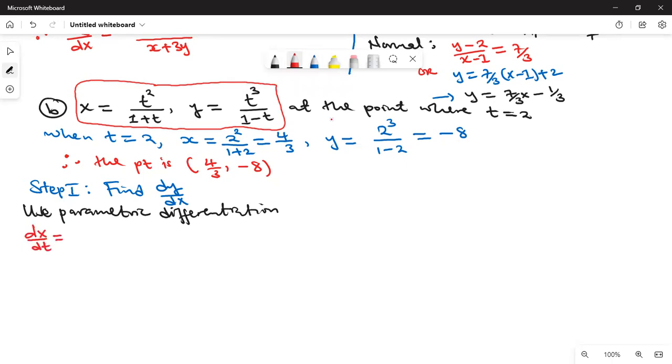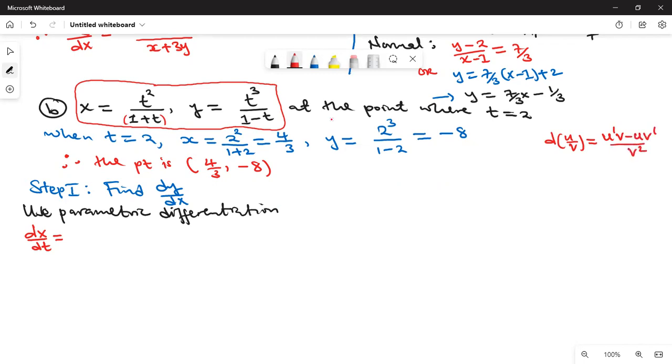dx/dt, how do you differentiate a quotient? Use the quotient rule. The denominator is v and the numerator is u. Take note that to differentiate u over v, it equals u prime v minus u v prime, everything over v squared.